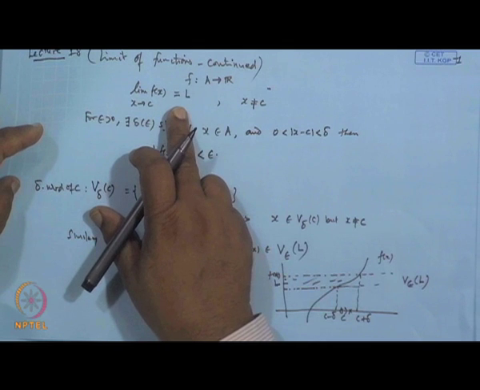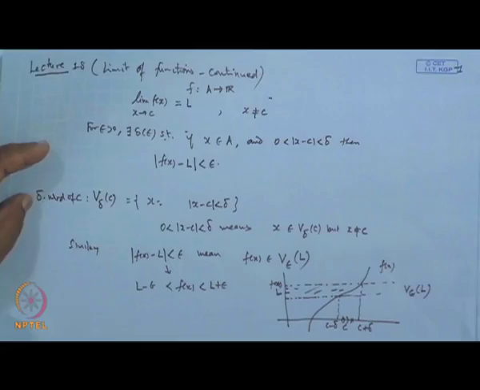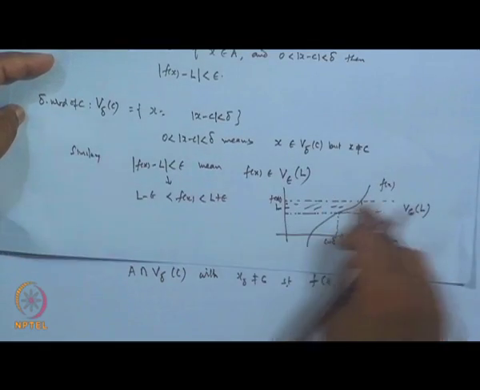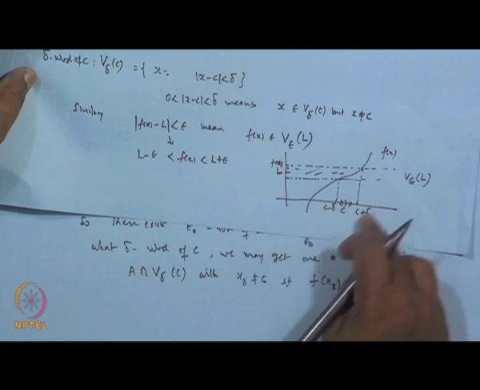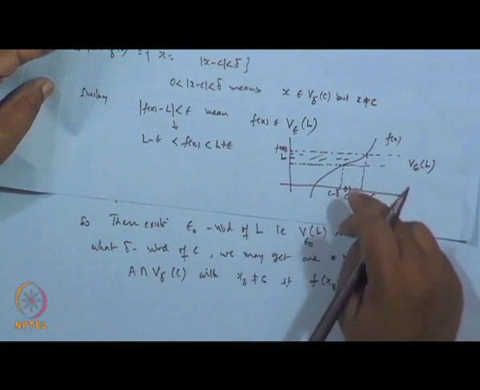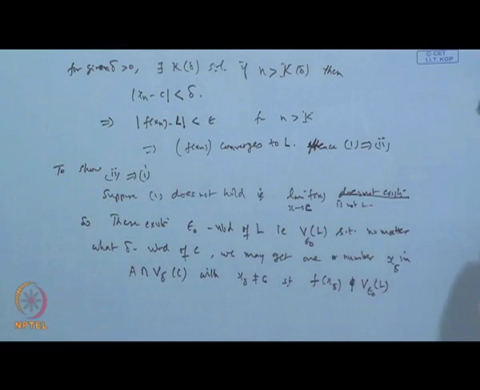Suppose the limit does not exist or is not L. It means if we pick some epsilon, there will definitely exist some epsilon naught neighborhood of L such that whatever delta neighborhood we choose, there will definitely be one point whose image will not fall inside it. That is the exact meaning of this.